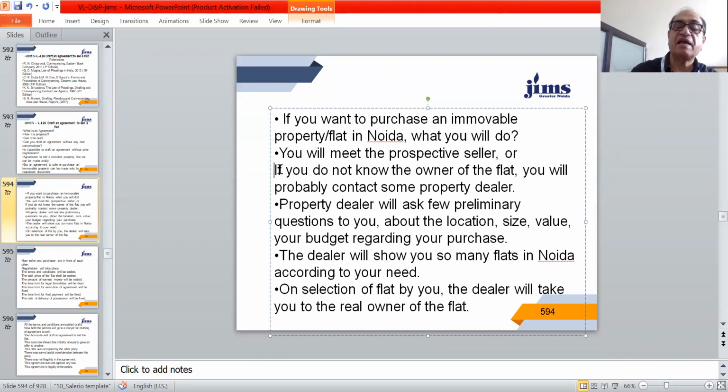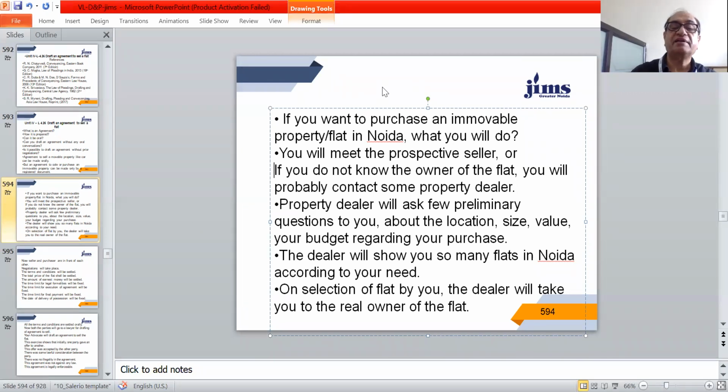The property dealer will ask a few preliminary questions about the location where you want to purchase the flat, size, 2 BHK, 3 BHK or 4 BHK, valuation, your budget regarding the purchase. And the dealer will show you many flats in Noida according to your need.